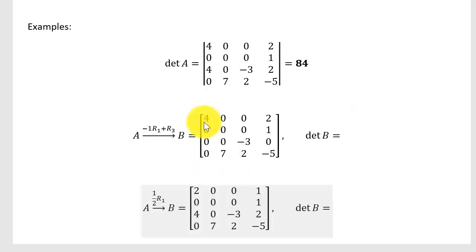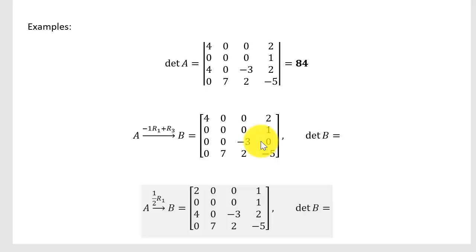So let's do a row operation where we multiply the first row by -1 and add it to the third row. If we multiply the first row by -1 and add it to the third row, our 4's will disappear, our 2's will disappear, and then 0 plus -3 will remain -3. So this is our resulting matrix. Now let's imagine taking the determinant of this. I think this is easy enough to do.